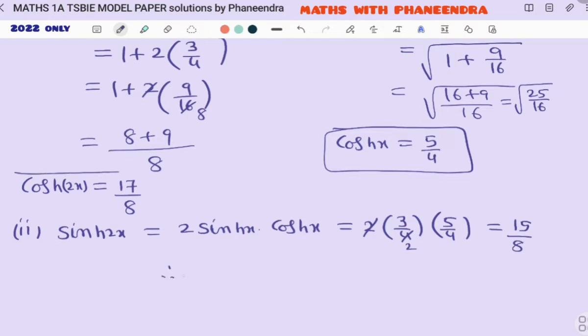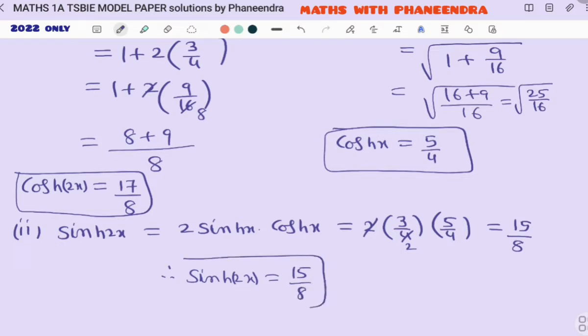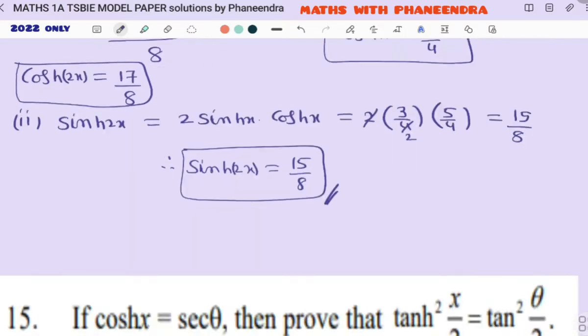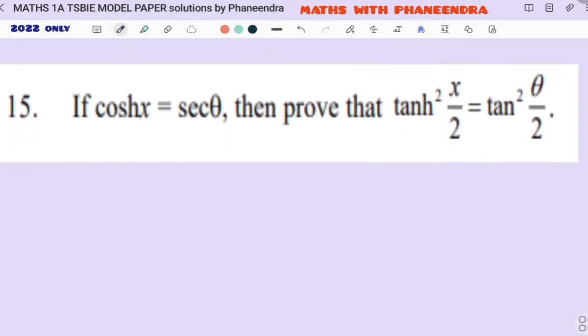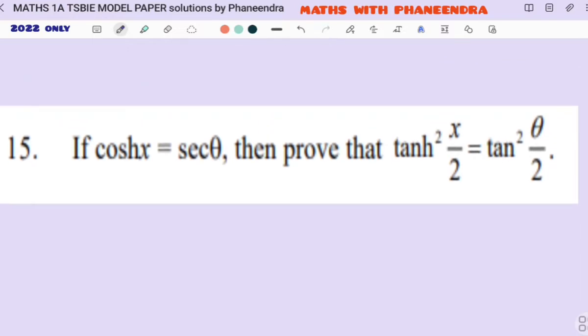Therefore, sin h 2x is equal to 15 by 8. I hope you understand, dear students. We'll move on to the next question and the last question in VSAQs.